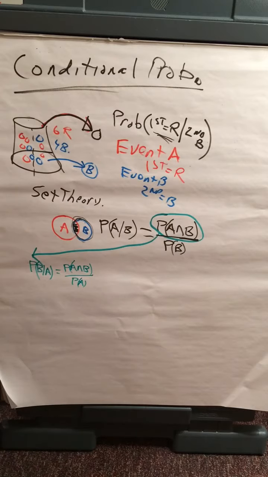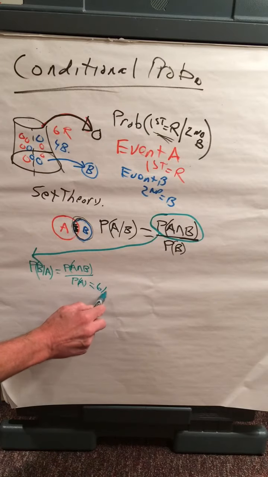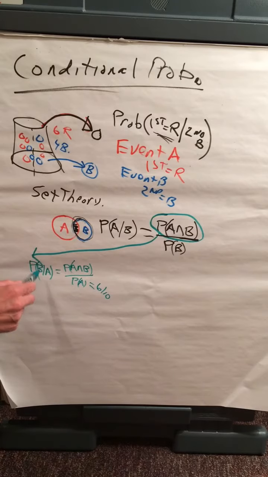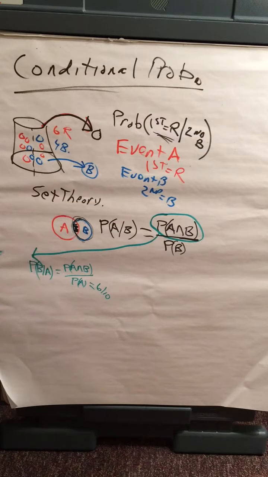Now we know the probability of A. The probability of A is just the probability that the first ball is red. Well, that's 6 out of 10. And we know the probability of B given A because that's the probability that the second ball is blue given the first ball is red.